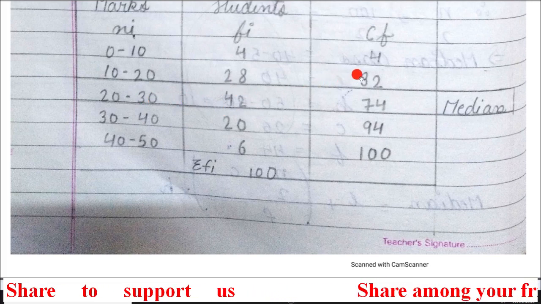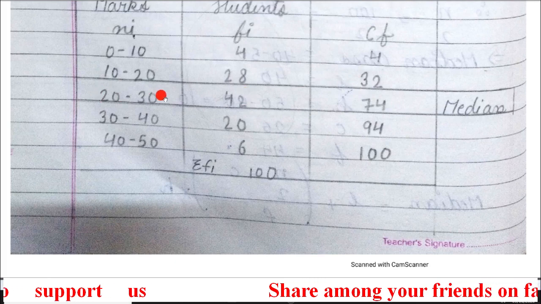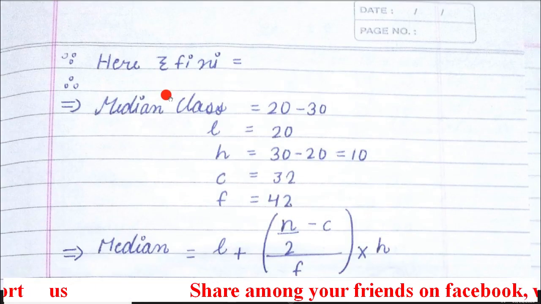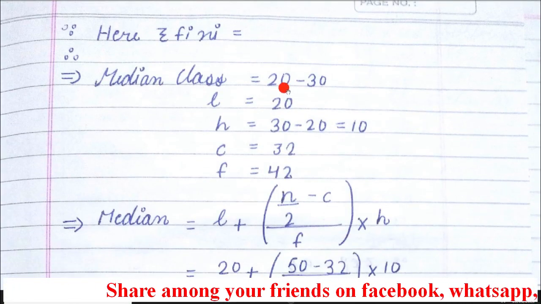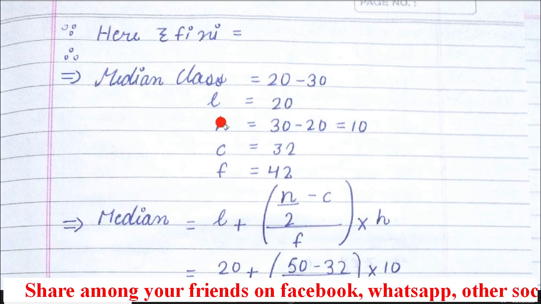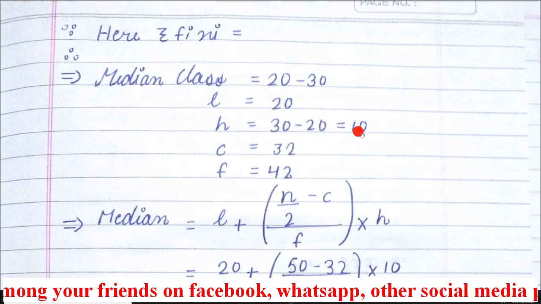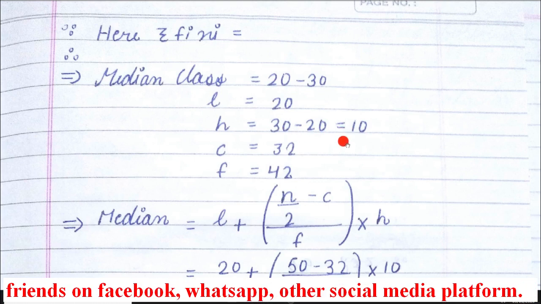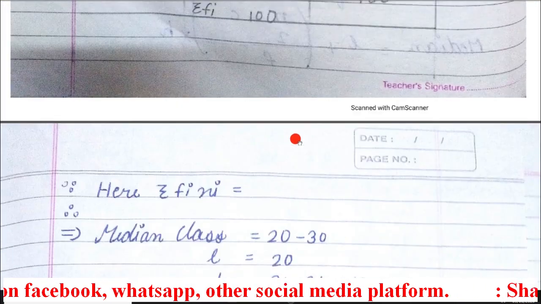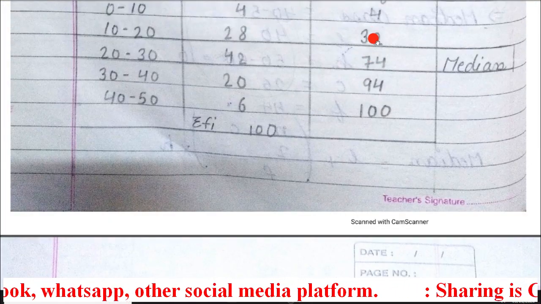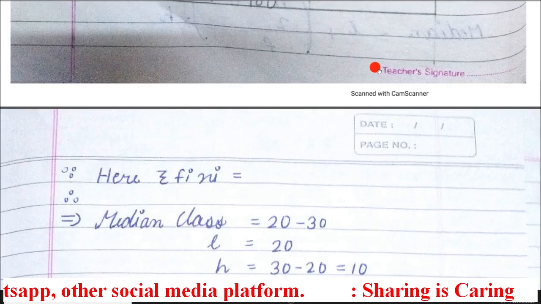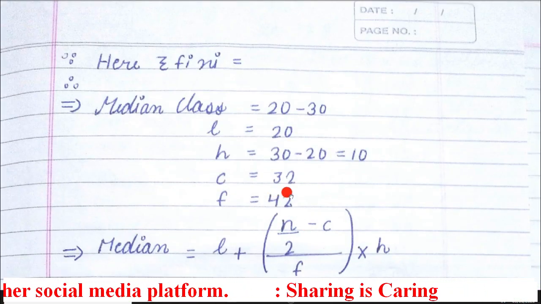Four things we want. Median class is 20 to 30, lower limit is 20, height is 10, C is 32, and F is 42, the median class frequency.